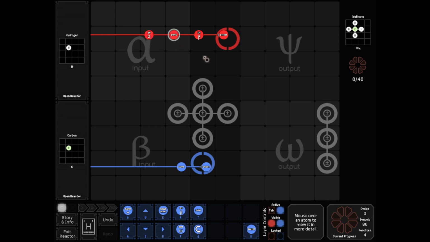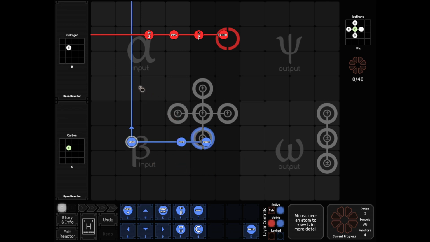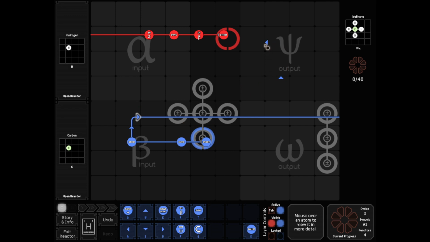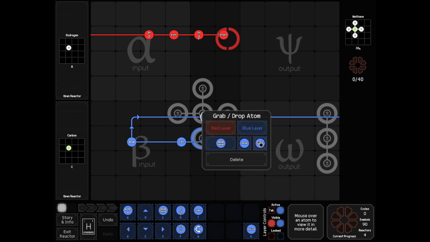Now, we're going to make sure we have carbon first. Let's just grab that. Oh, wait, what am I doing? This is why we're making things easier by not putting it there. Right, we said we weren't putting it there. Okay, let's drop here.